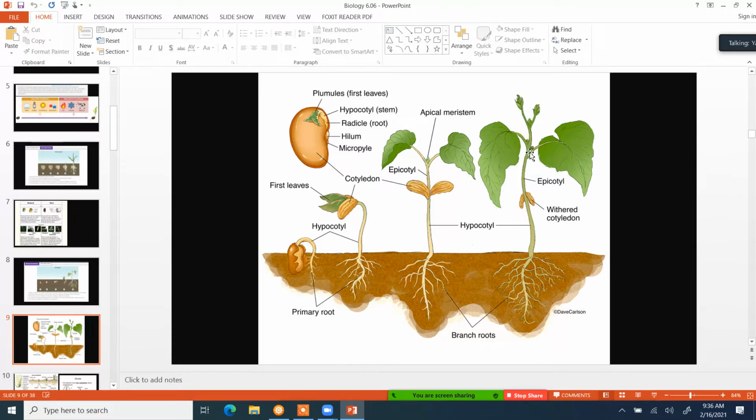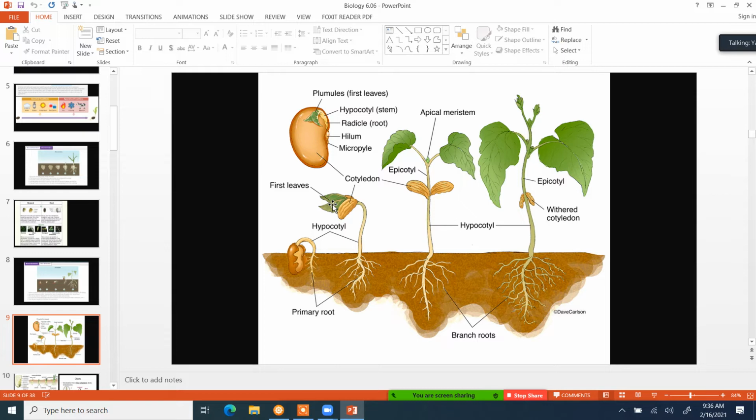Wait, I'm confused. Hold up. Look, in the first picture, it says first leaves, the two, and then it shows the cotyledon. So those are separate. The first leaves are two additional leaves apart from the cotyledon leaves. So these leaves here are not attached to the cotyledon.